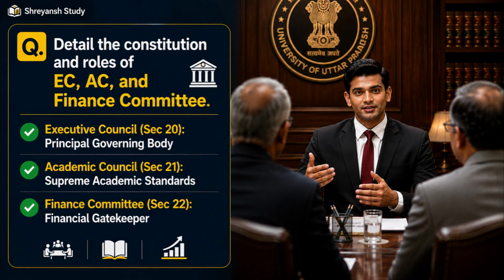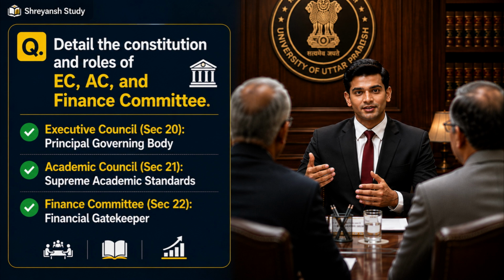It holds the power to manage revenues, property, and control all administrative and financial affairs, including the sanctioning of posts. Academic Council, Section 21, the supreme academic body. It is responsible for maintaining the standards of instruction, education, examinations, and curricula.